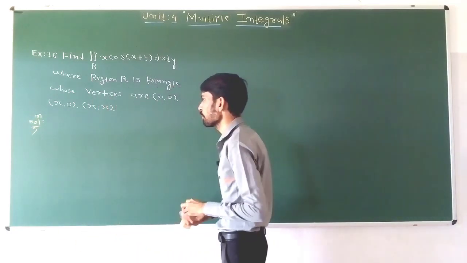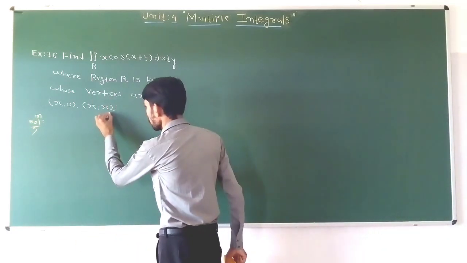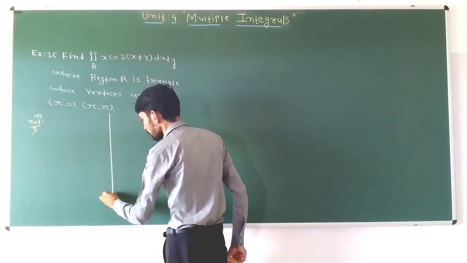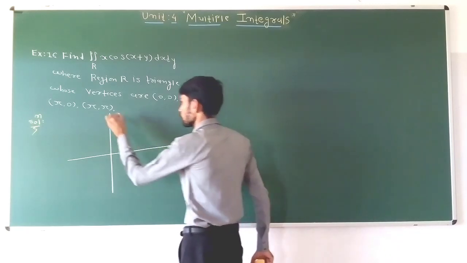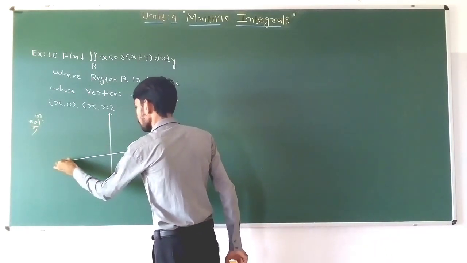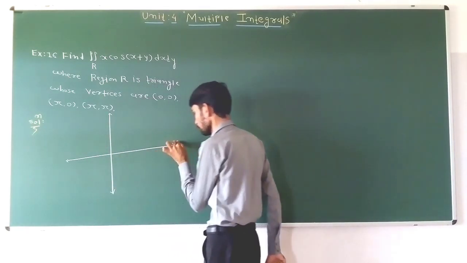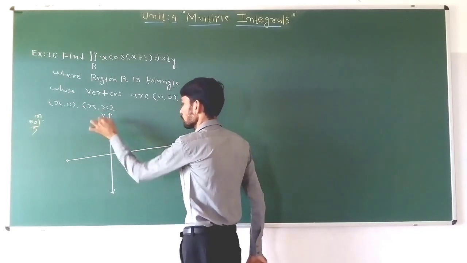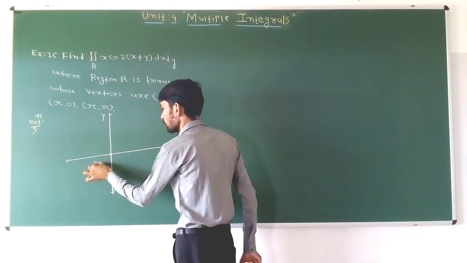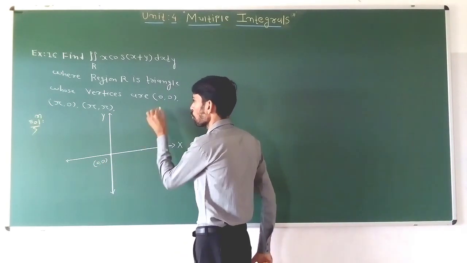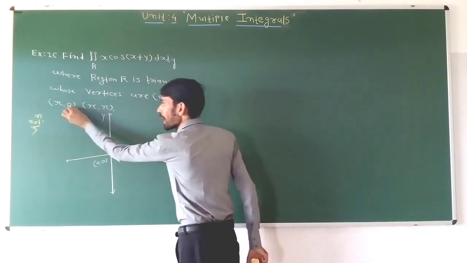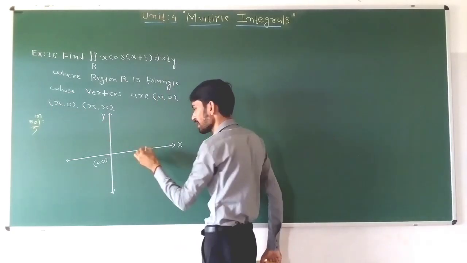First of all we draw our region. Here we draw our xy plane. This point is (0, 0). Suppose this point on the x-axis has coordinates (pi, 0), so the point (pi, 0) belongs on the x-axis.